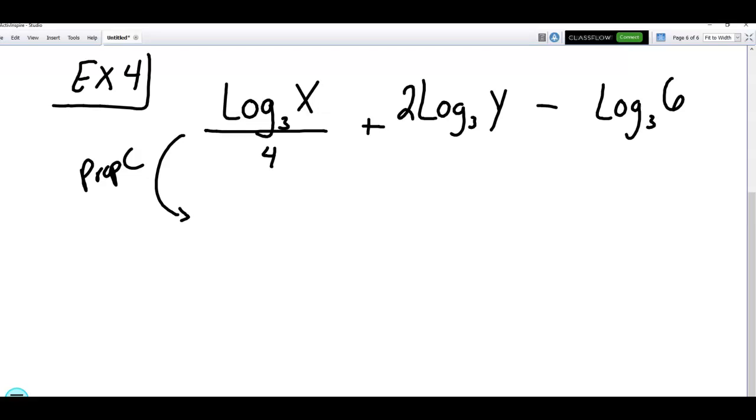All right, so let me ask Shakir, what did you do with this first one here? Okay, so it's log base 3, and what number did you put on the root? Good. All right, next one. That was property C. Haley, do you want to tell me what you put for the second one?